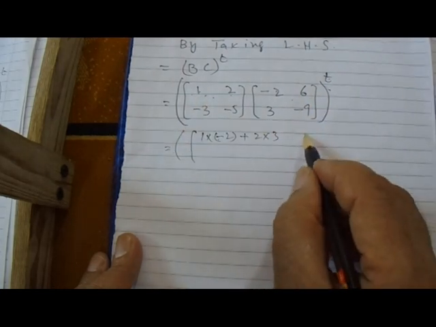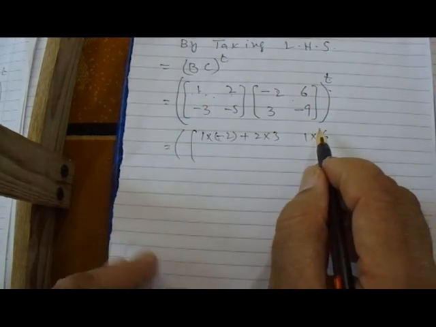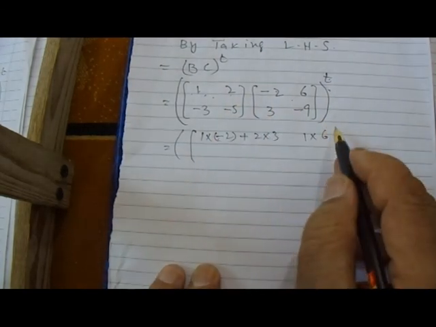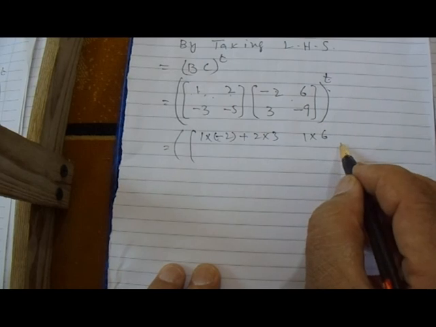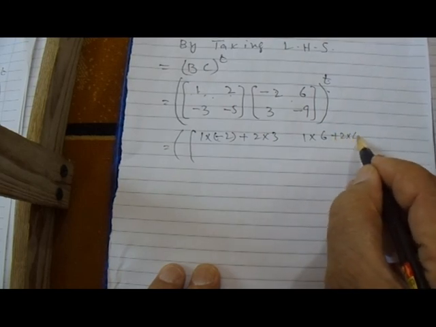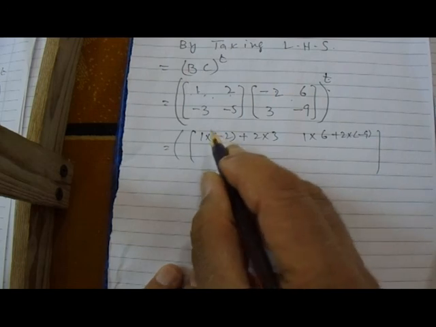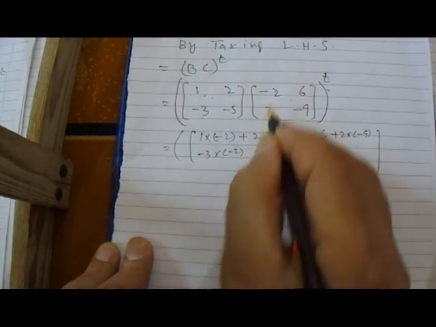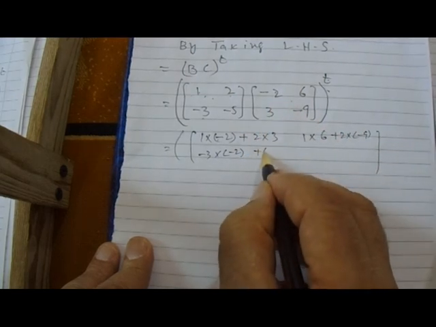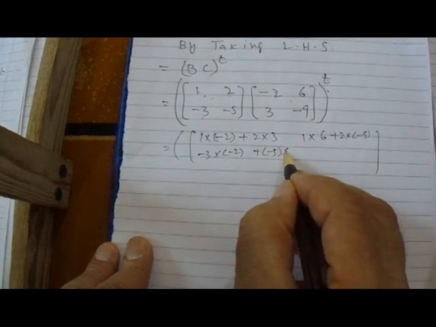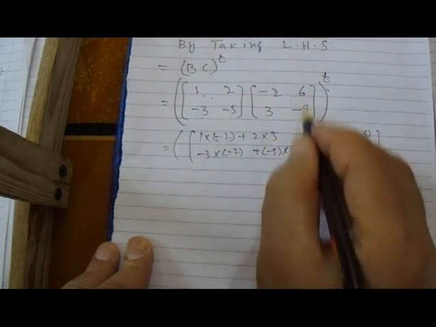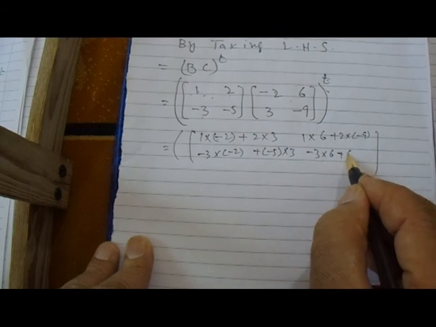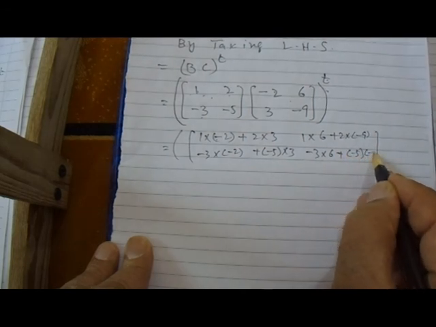Again 1 multiplied by 6 and 2 multiplied by minus 9. Here we write this, and minus 3 multiplied by minus 2, and again plus minus 5 multiplied by 3. Minus 3 multiplied by 6 and plus minus 5 multiplied by minus 9.